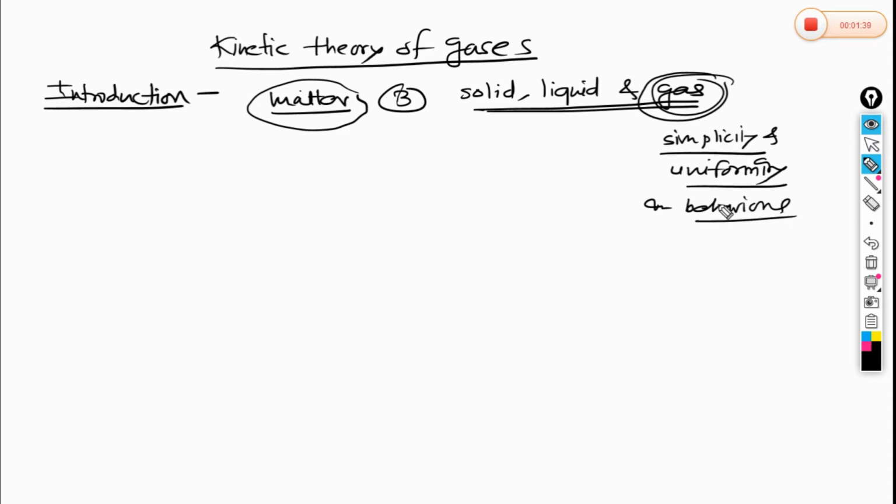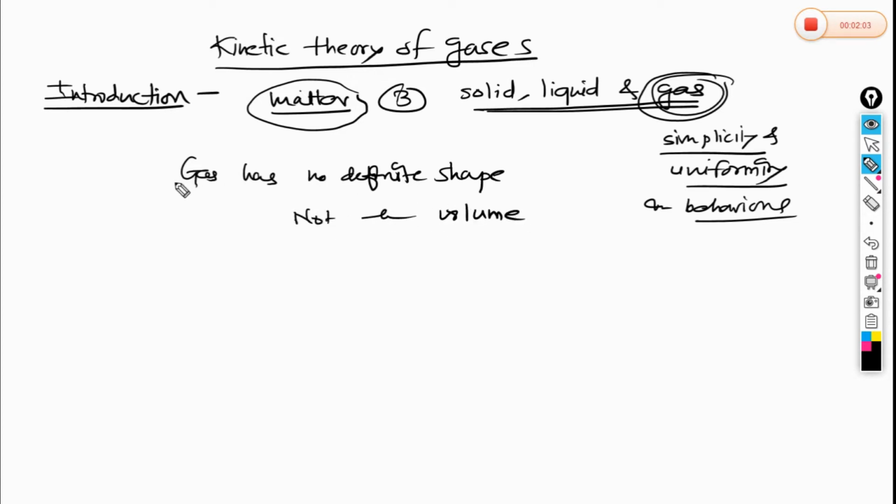A gas has no definite shape, as well as no definite volume.